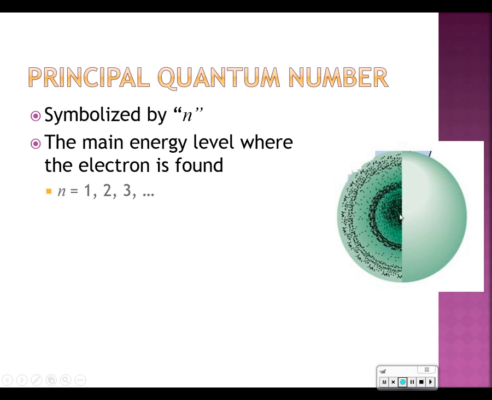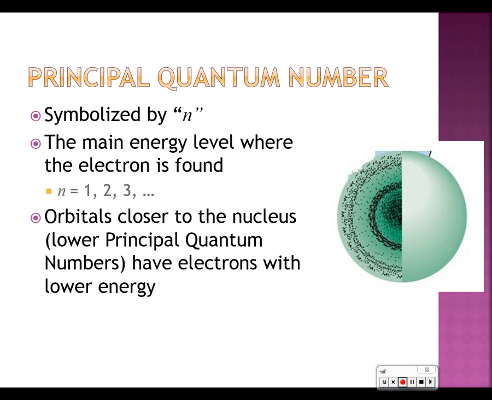Each one of these dark areas represents a principal energy level. On our drawing that we made yesterday, those are all represented by the different colors. Every time we changed a color, we moved from this area to then this area to then this area. So a color change represents a principal energy level. Okay?